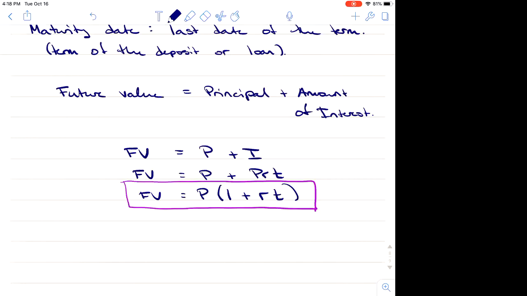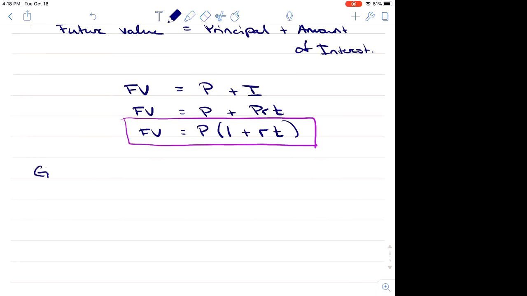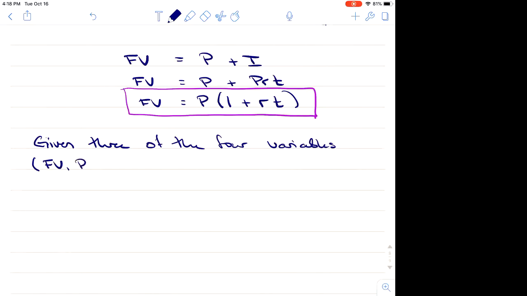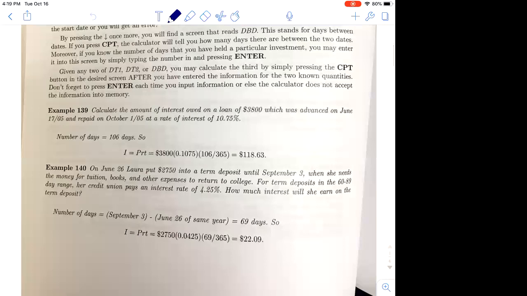So just like before, given 3 of the 4 variables, those variables being the future value, the principal amount, the rate, or the time, we can solve for the 4th. So let's do example 141.